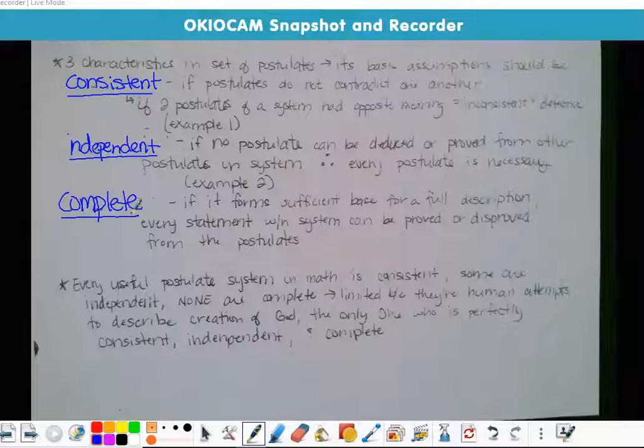None of them are complete. Okay? And it's limited because they're strictly human attempts to describe creation of God. And the only way that they could be complete is to God. Like we don't have all the information and all the knowledge to actually come up with a complete postulate system.